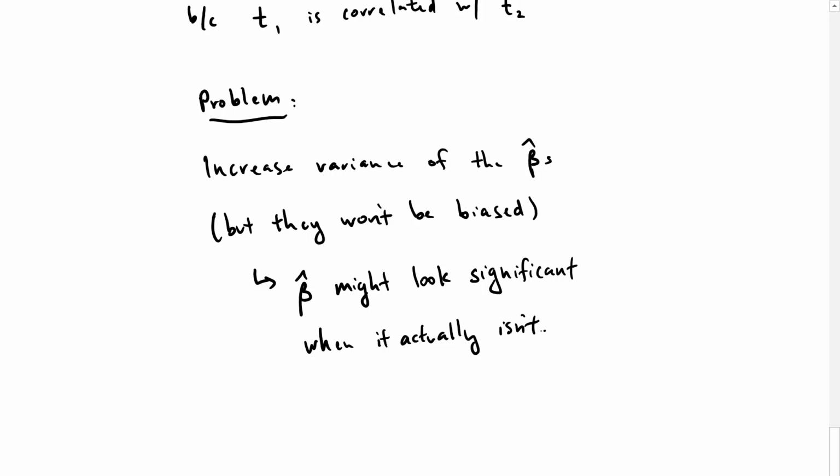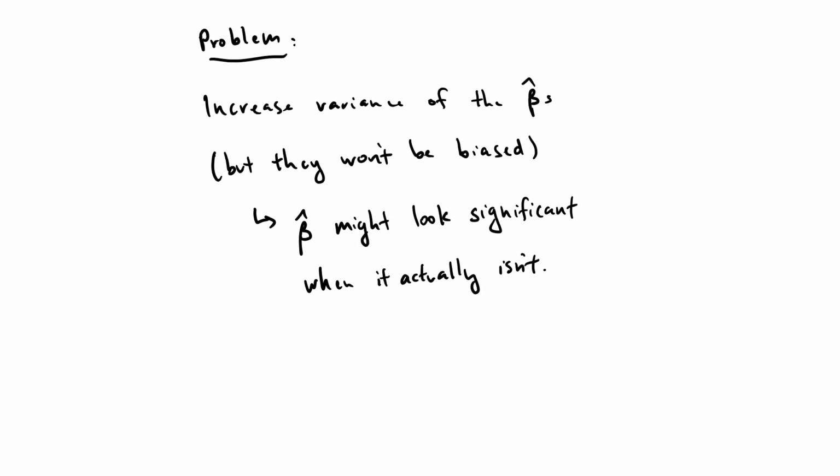But the variable won't be biased, and a biased variable is going to have a much bigger problem than some problem with the standard errors and the significance. So in general, that one's also not too big a deal, especially for cross-sectional data, the type of data that we'll be working with.